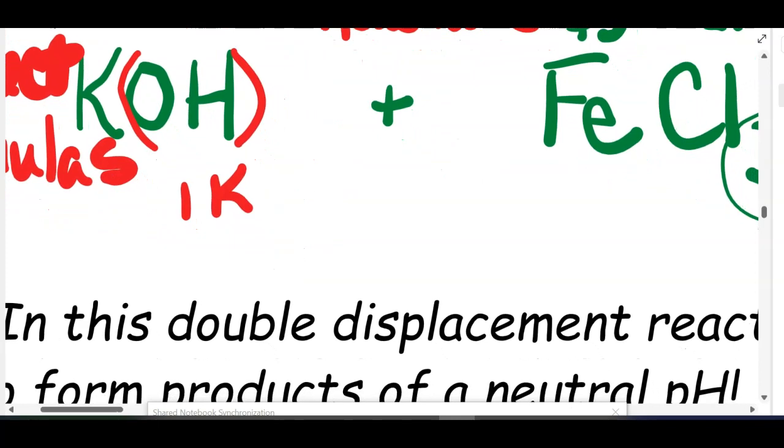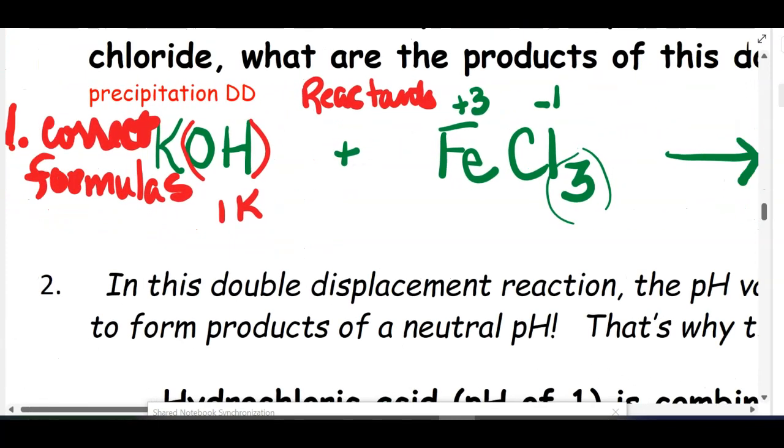All right, let's count irons next. So usually we do. Aaron, how many irons do we have? Yeah, just one. Then we go back and we count the polyatomic ions or the nonmetals. How many chlorines do we have? This right here means 3 chlorine ions. And then how many hydroxide ions?